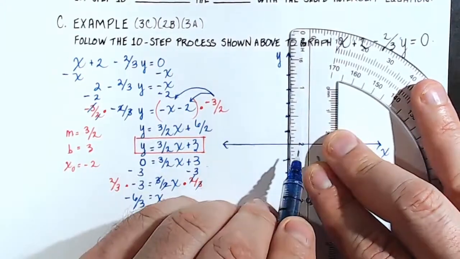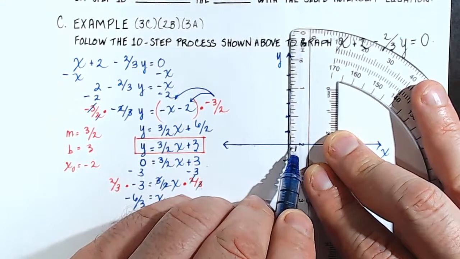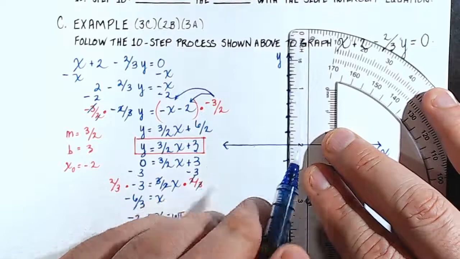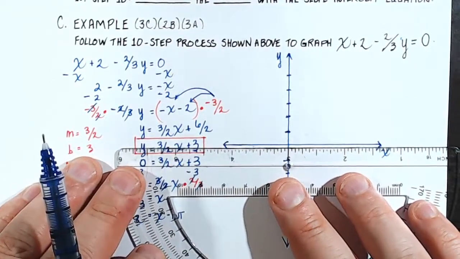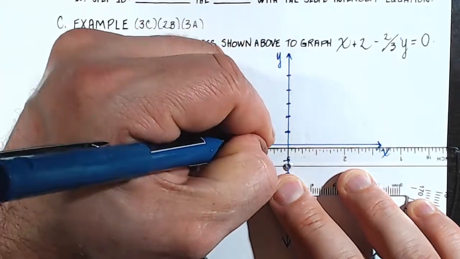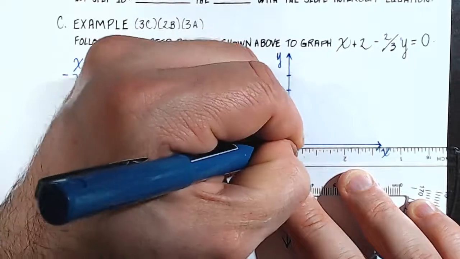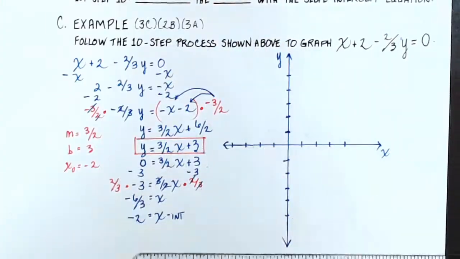What I'm doing is I'm hovering that transparent protractor's line underneath the 2, so it's exactly on the x-axis. It's not off. And I'll do the same thing for the y-axis. Okay, so I'll mark off 1/4 inches here. 1, 2, 3, 4. 1, 2, 3, 4. Shouldn't need more than that.